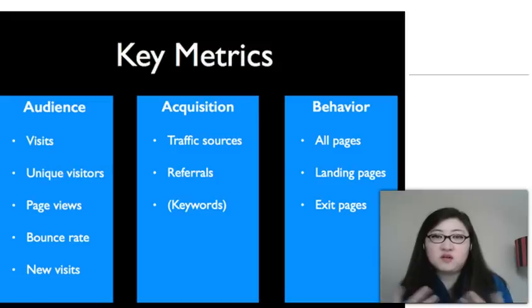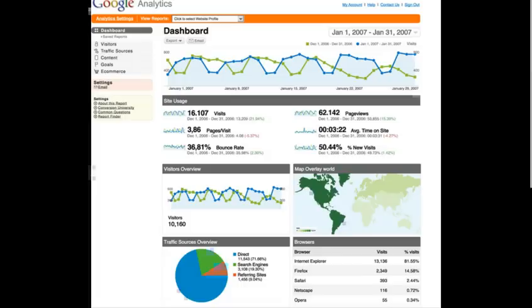So these are just again, key metrics and fundamentals that are very important for you to really analyze and make sense of. Now here's an overview again of Google Analytics that Professor Weingrod had definitely talked about in the last lecture, and what you see in terms of the overall performance of a site, where you see visits, uniques, bounce rates, anything that shows the behavior of traffic flow from acquisition to behavior.